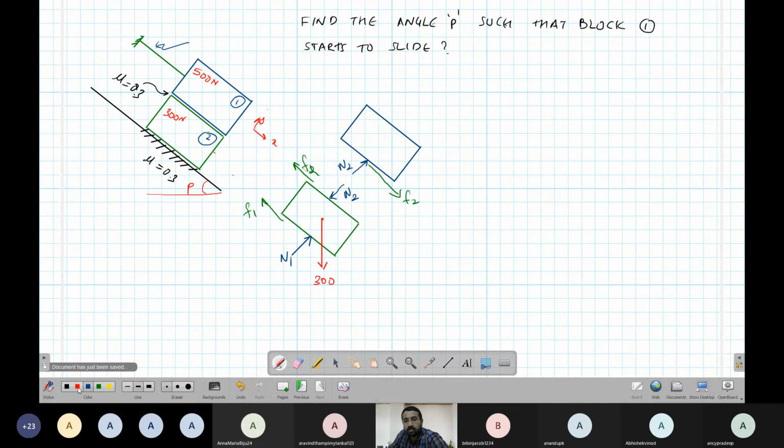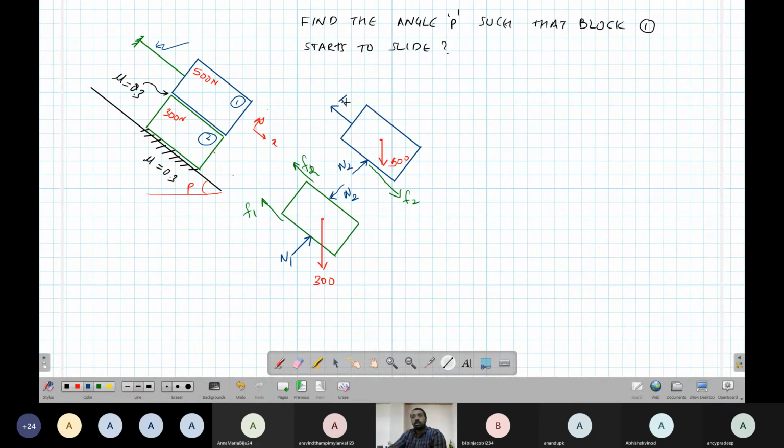Okay, then we also should have a weight acting downward. This is 500. And we also have a force due to the string, the string force, that is this.